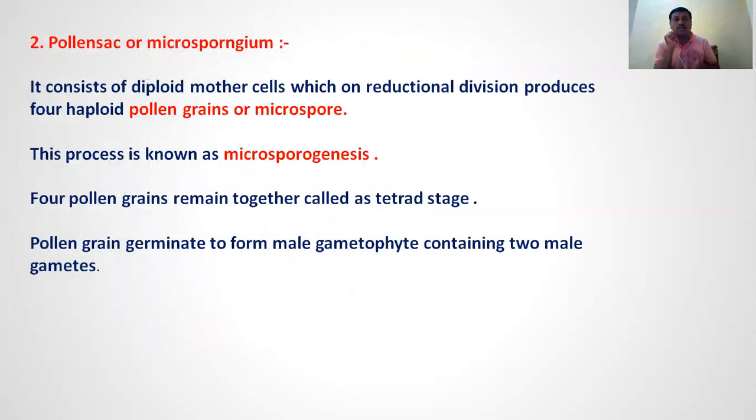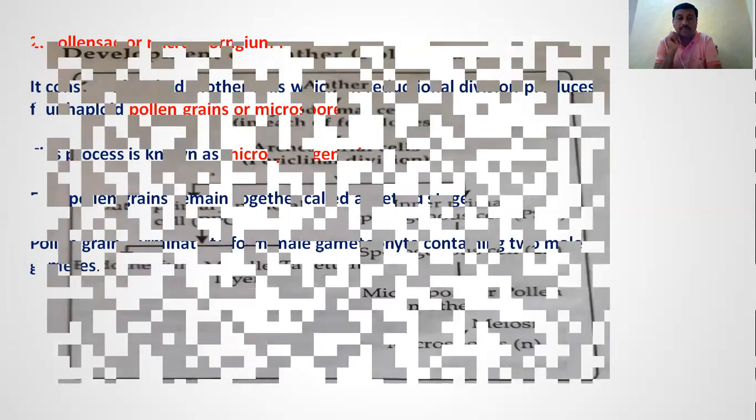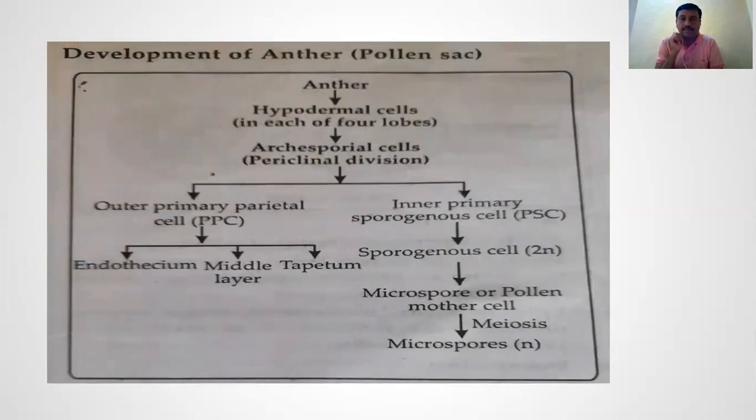Second type, pollen sac or microsporangium. Pollen sacs are developed in the anther from hypodermal cells. Hypodermal cells are converted into archesporial cells, and archesporial cells divide mitotically to produce two cells. Outer primary parietal cells, which develop the protecting covering layers, and inner sporogenous cells.